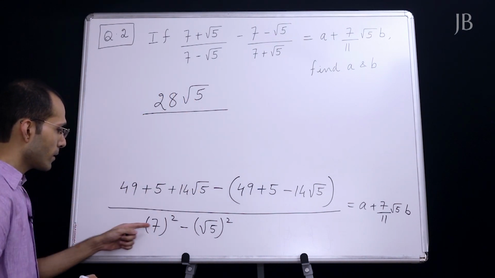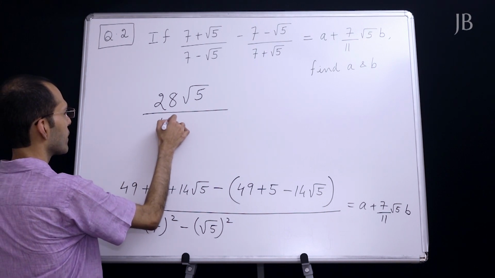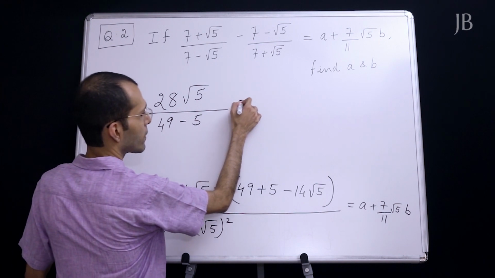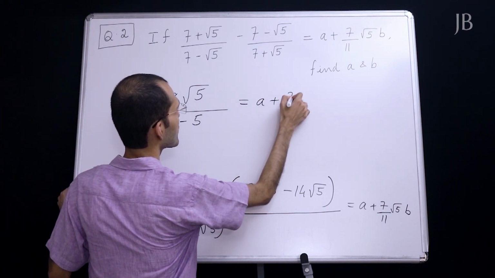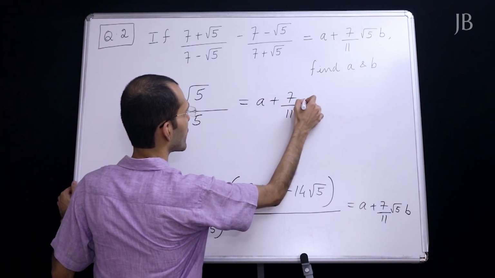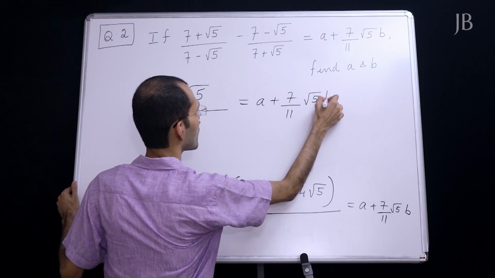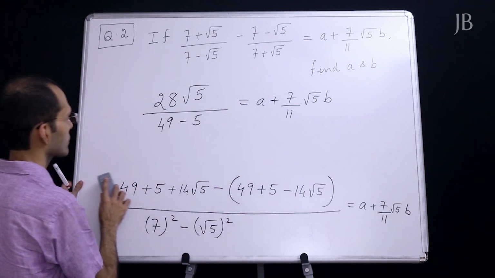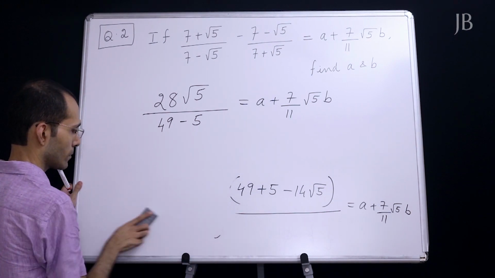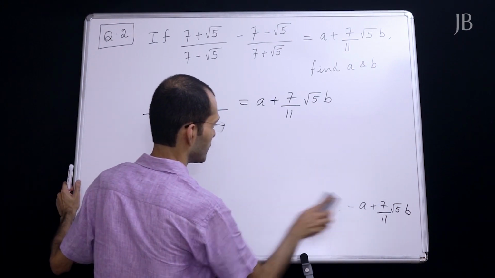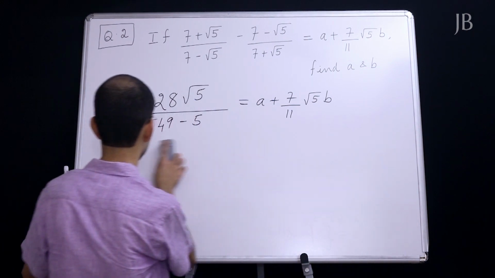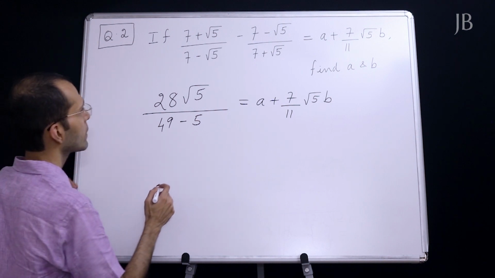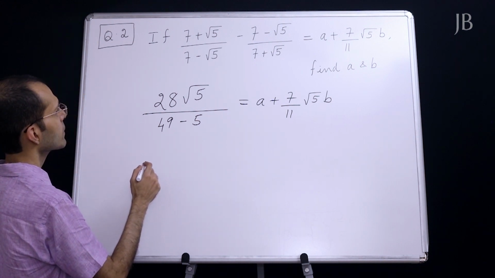divided by 49 minus 5. Root 5 the whole square is 5. This is equaling a plus 7 upon 11. Okay, now how do we go about this?